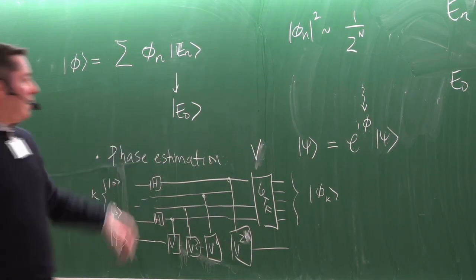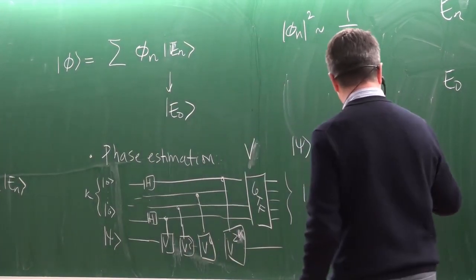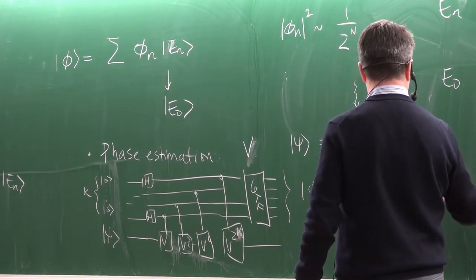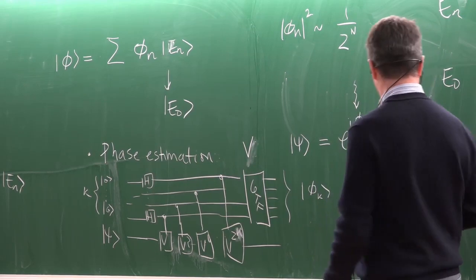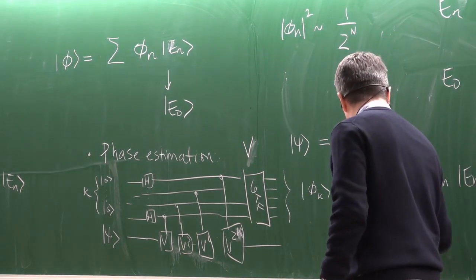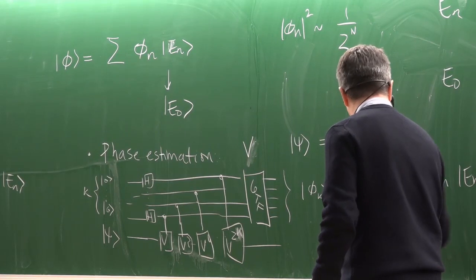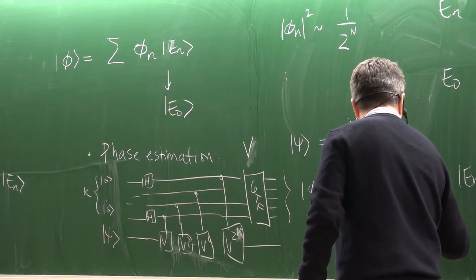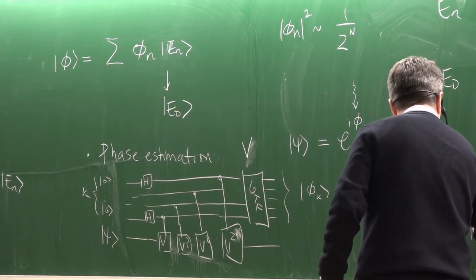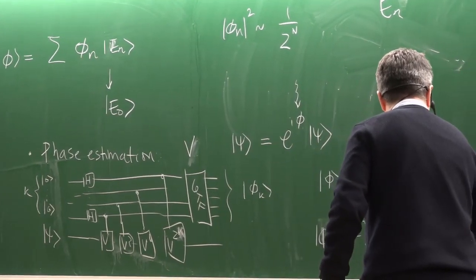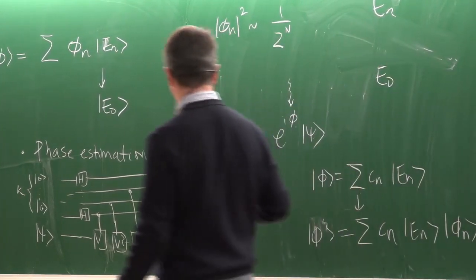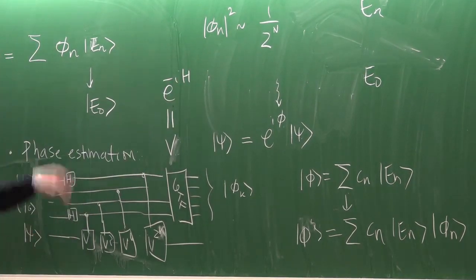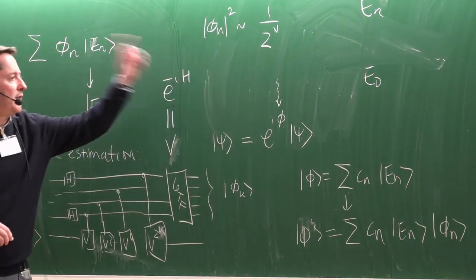So you don't start with an eigenstate, but you start with some phi, which is some sum of c_n E_n. What phase estimation will do is create the state phi prime, which will be some sum of c_n E_n, and here this phi_n, where what you have to do is take e to the minus i h, with some constant here that I don't even write.